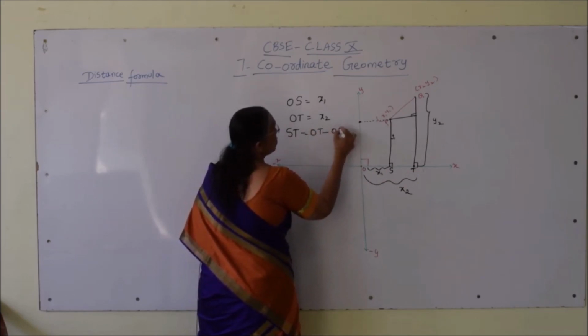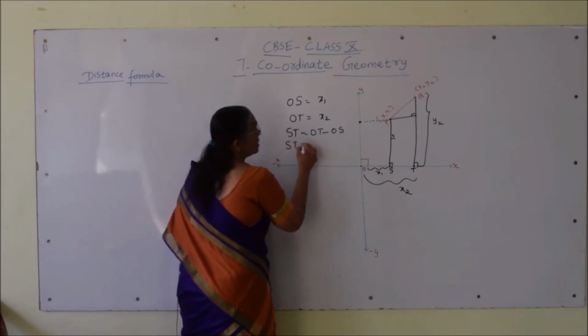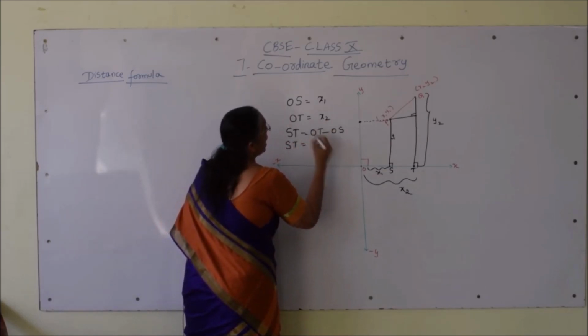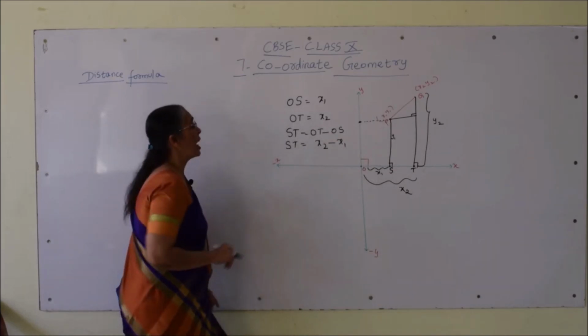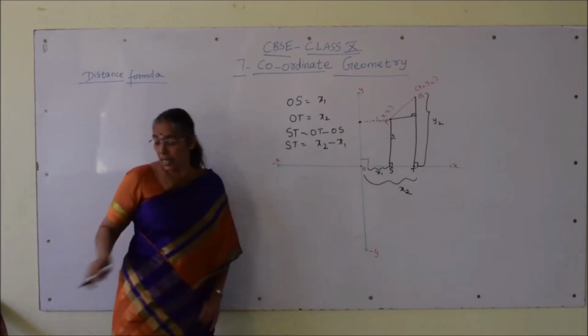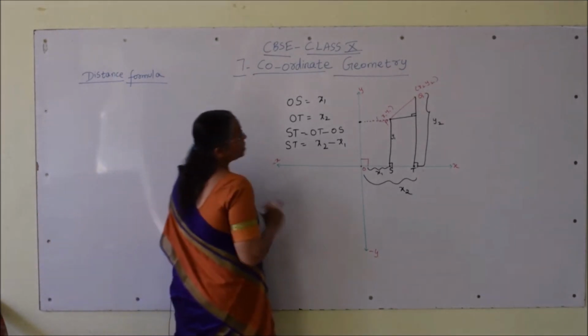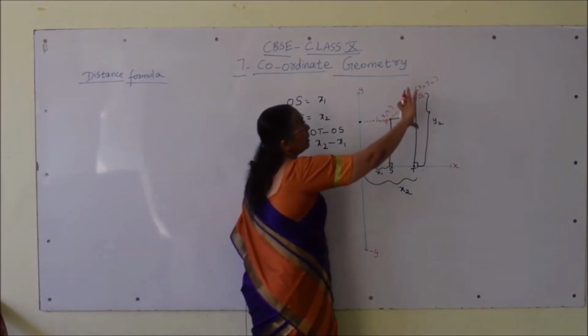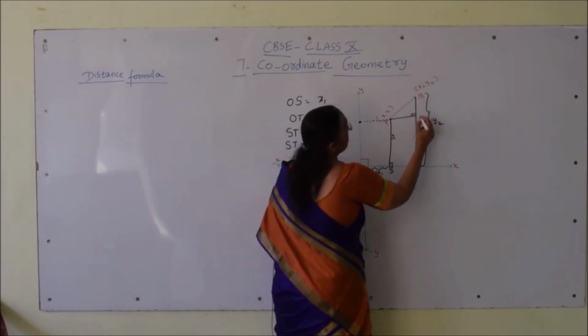OT we already have as x2 and OS is x1. So we got ST as x2 minus x1. Now this is one part. Similarly, let me find out what this is. This one I will mark as PM.